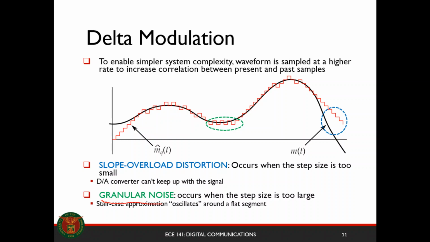If your delta modulation is very slow and your signal is too fast, you can see a large gap between these two signals right here. And this is now your slope overload distortion. Basically, your delta modulator couldn't keep up with the fast fluctuation of the signal.